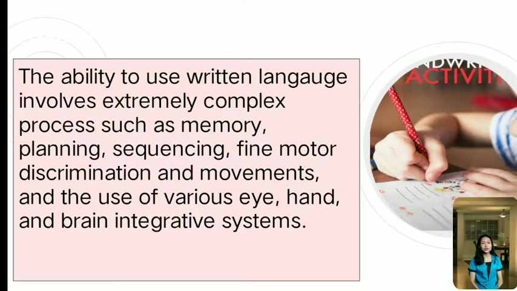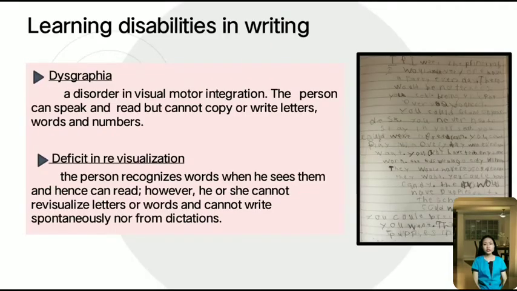The teacher needs to consider many levels of function including visual motor coordination, visual memory, reading, spelling, syntax, and formulation ability. Certain learning disabilities occur only in connection with writing. First is dysgraphia, a disorder in visual motor integration.